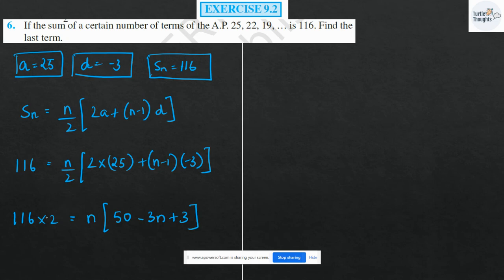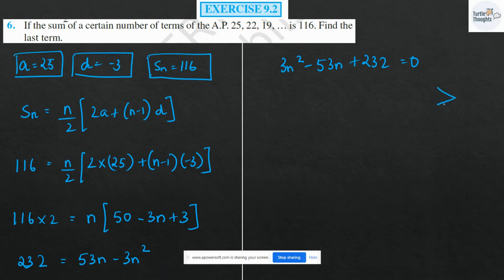Upon solving, 116 multiplied by 2 is 232, which will be equal to 50 plus 3, which is 53, into n, which is 53n, minus 3n square. Upon taking to the LHS, I will be getting 3n square minus 53n plus 232 equal to 0.